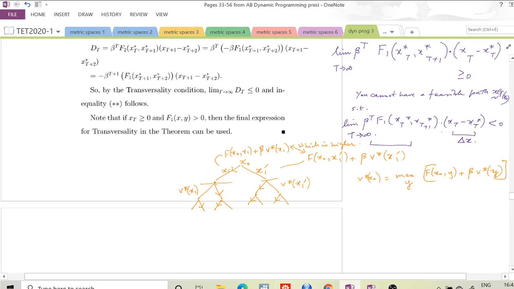It shouldn't be that you have a positive value there and you can change this to decrease the value there and eat that value in the finite horizon. That you shouldn't be able to do.